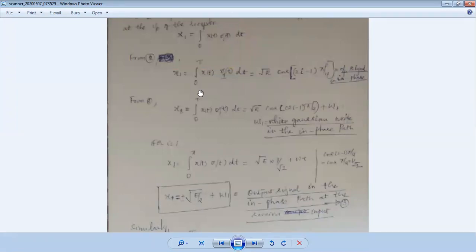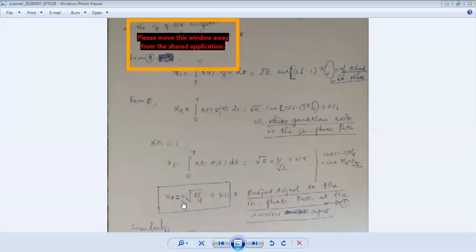So for i is equal to 1, x of 2, phi 1 plus omega, is what you call the noise signal. x of 1 is the integration, plus the square root of E by 2 plus the output signal in the noise path. Similarly, for the quadrature signal, look back, QPSK has two phases.